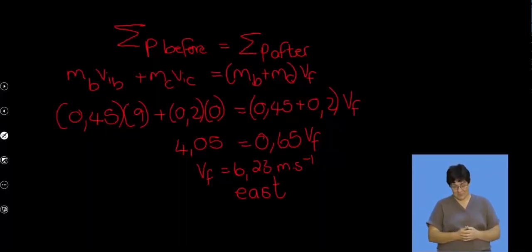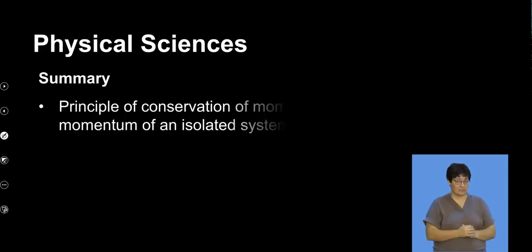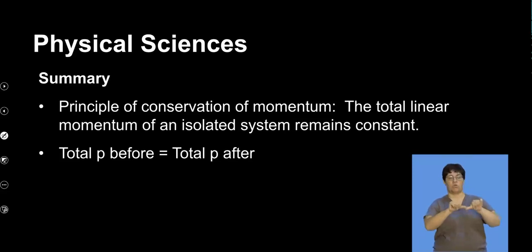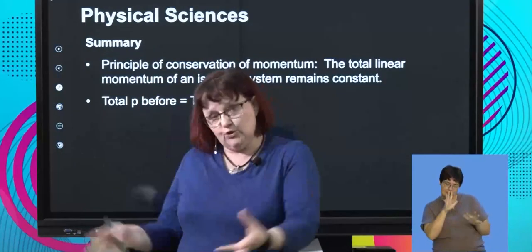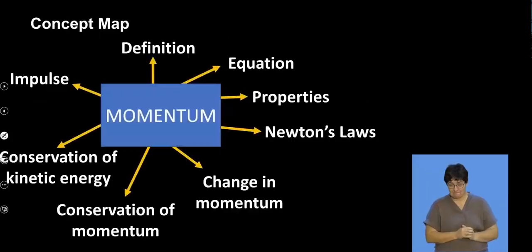Okay, so what have we learned today? Well, we've learned that the principle of conservation of momentum says to us that the total linear momentum of an isolated system remains constant, which then means, and I've just written it slightly differently, that total momentum before equals total momentum after, and we will have to derive the equation that makes sense for the circumstance, for whatever the question gives us, okay?